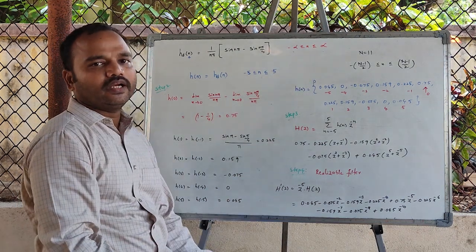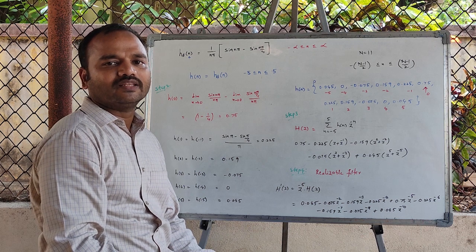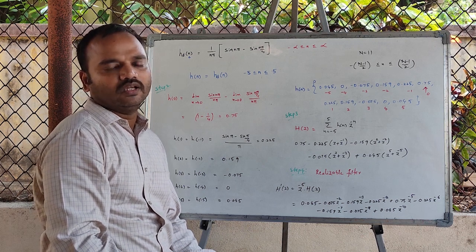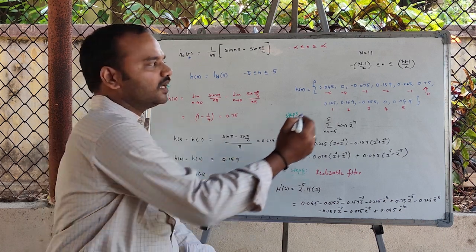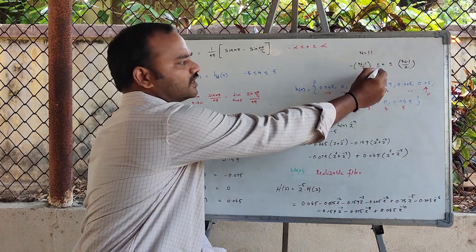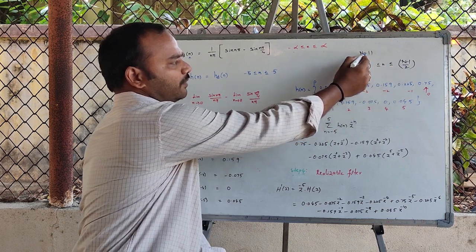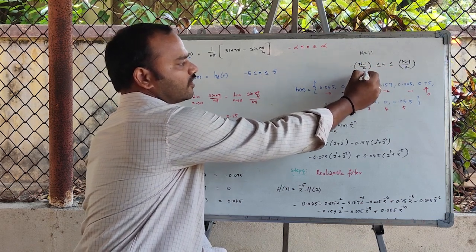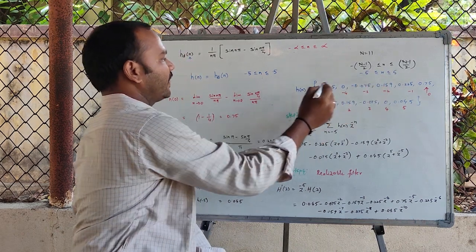In the problem, it is mentioned that we need to design an FIR filter of length capital N equal to 11. So the filter needs to be truncated from minus (N minus 1) by 2 less than or equal to n less than or equal to (N minus 1) by 2. Here capital N value is 11. So the limits are from minus 5 to less than or equal to plus 5.